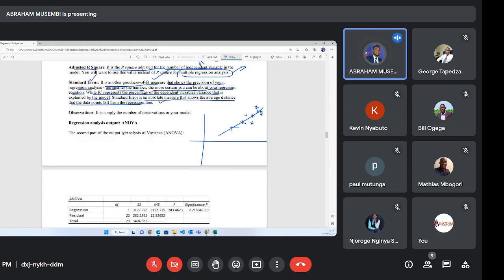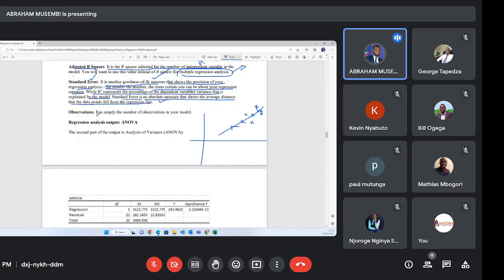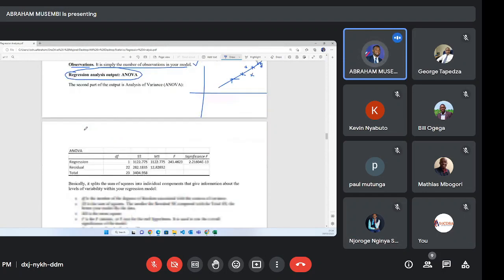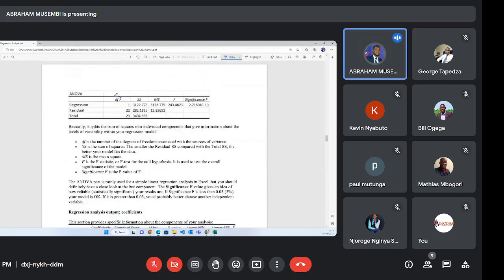Then we have observations. Under observations, we've said it is simply the number of observations in your model. Now under the ANOVA part, we are going to discuss this tomorrow, where we will talk about the degrees of freedom.